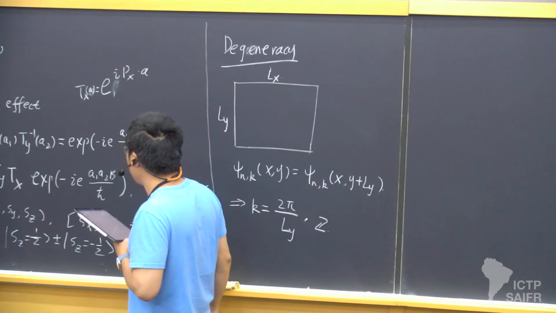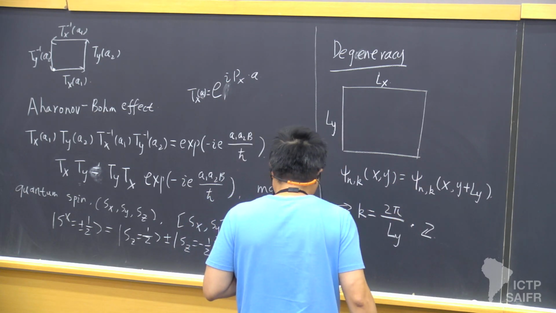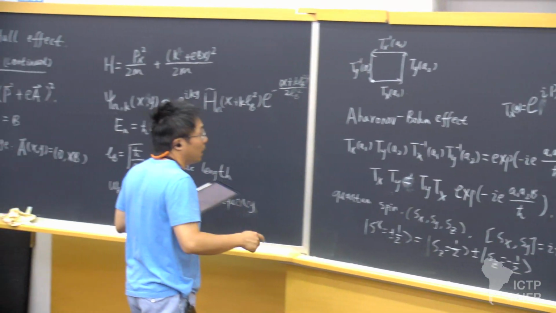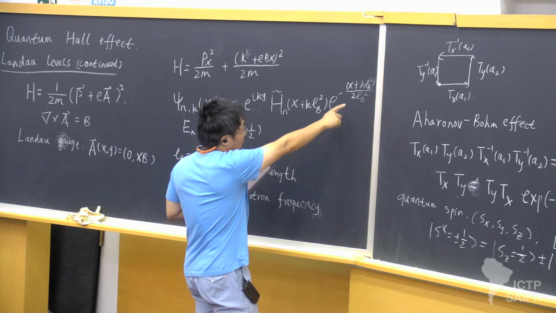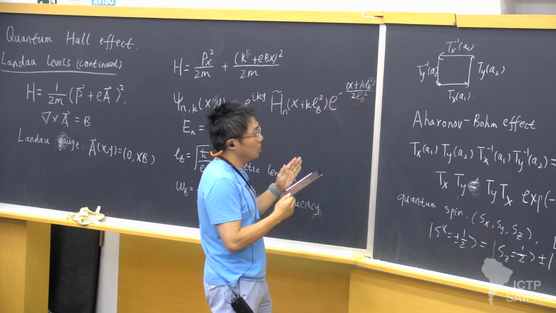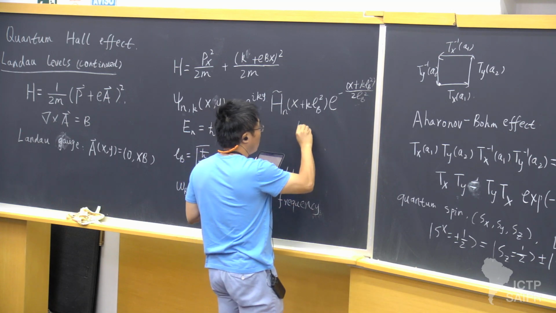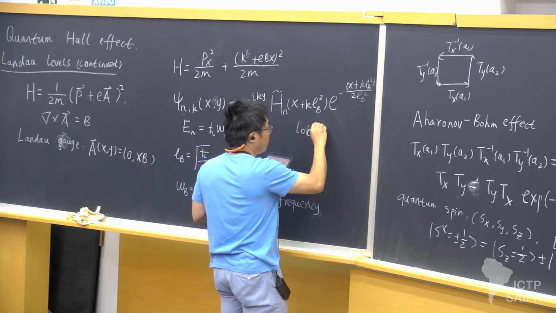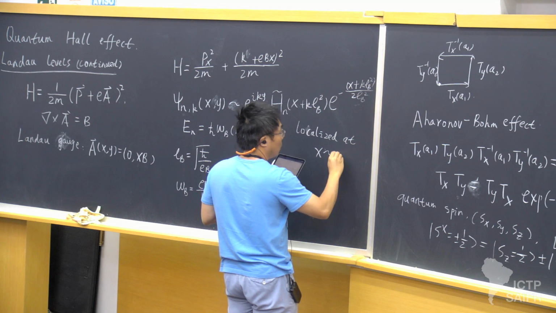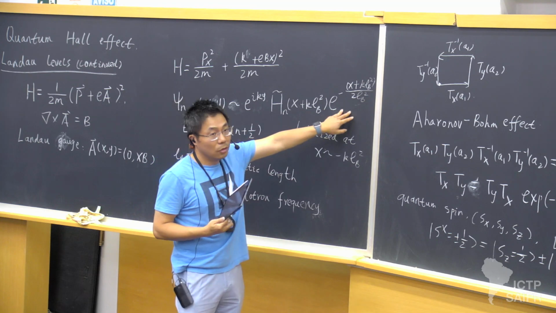And then the next constraint comes from the fact that my system is also bounded in the x direction. In particular, if you look at this wave function, for each k the wave function in real space will be localized at x around minus k times LB square. That's because of this exponential factor.